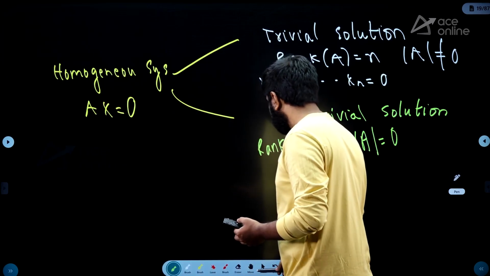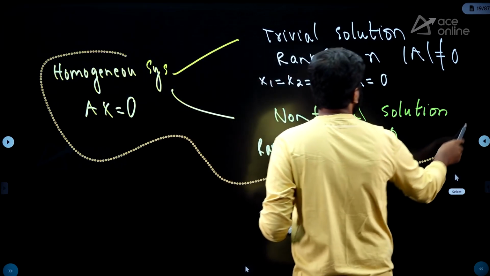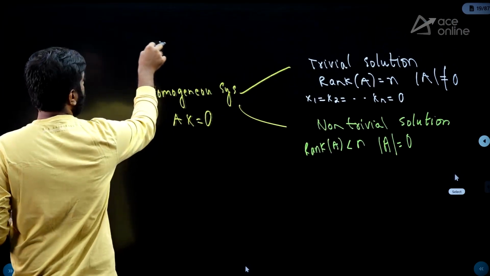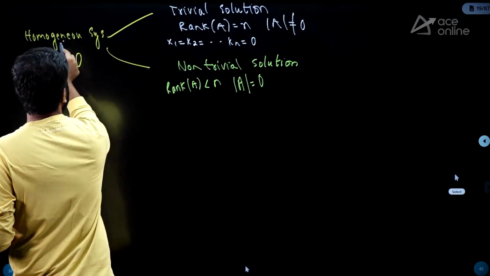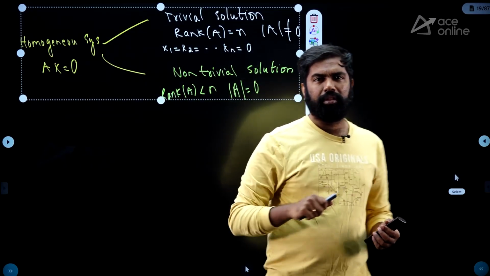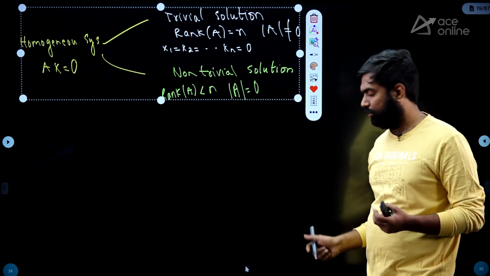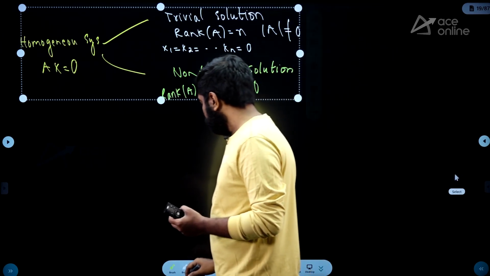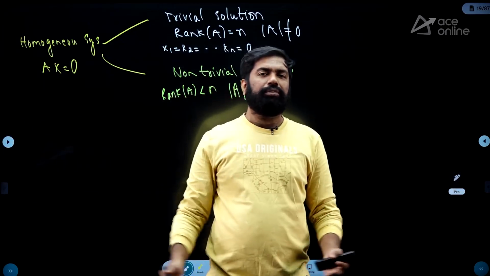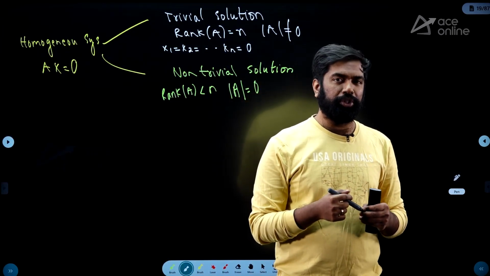Now this is the most important point. If questions are asked on this, then the students might get confused. Imagine there are infinitely many solutions. Let's say you got a case like this, non-trivial solutions, infinitely many solutions. In those infinitely many solutions, how many are linearly independent solutions?